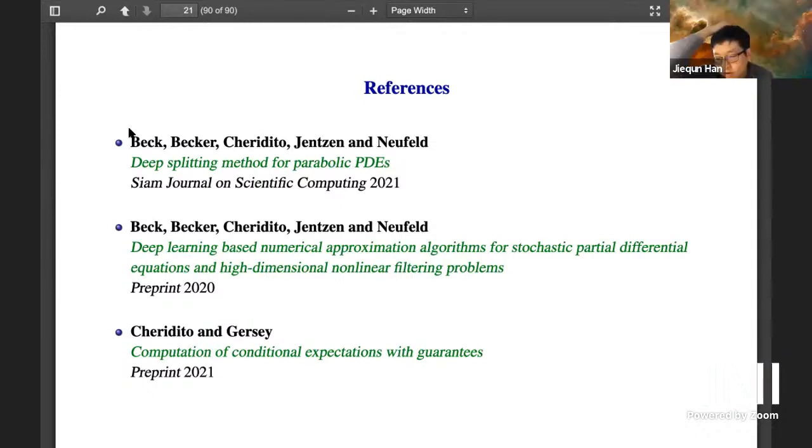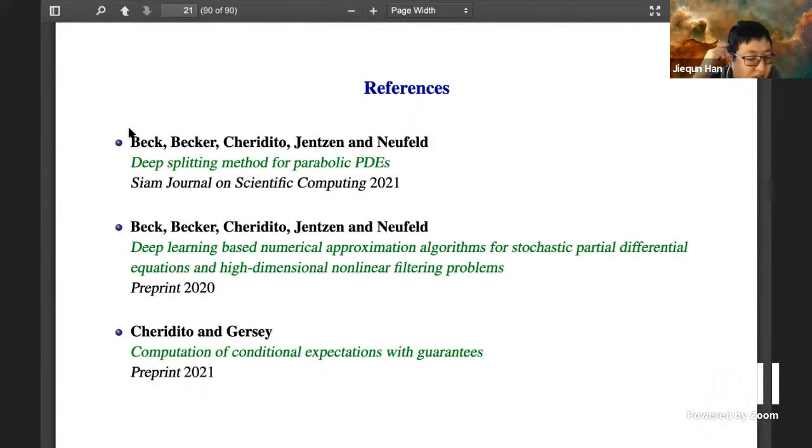So I'm wondering, when you apply the deep splitting method in the intermediate time step to compute the conditional expectation, you need to know the sample distribution of your x, right? And I think that's defined by the forward SDE. Yes.